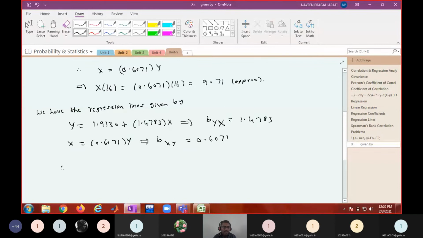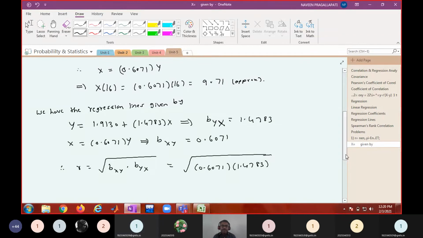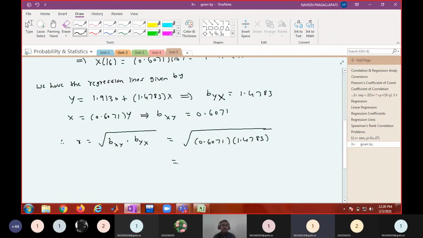Therefore, r equal to square root of bxy into byx. So bxy is 0.6071 into byx, which is 1.4783. That gives 0.9474.